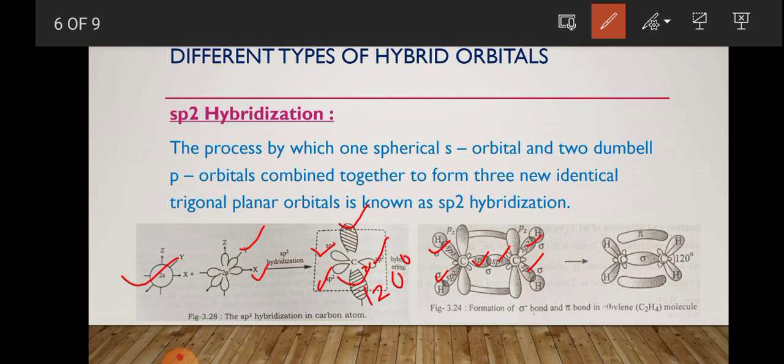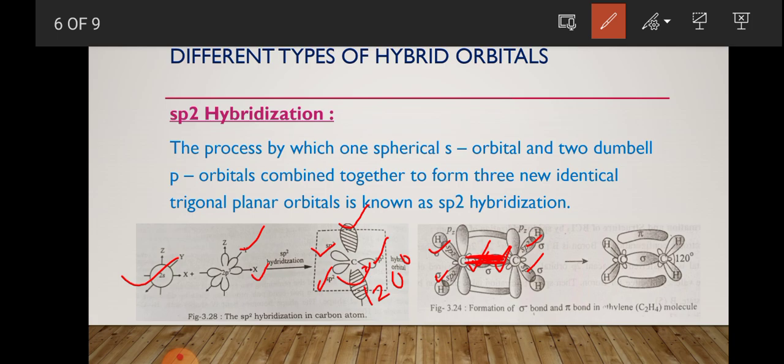One sp2 orbital of each atom, that means here this one and this one, overlap head to head and form a sigma bond.